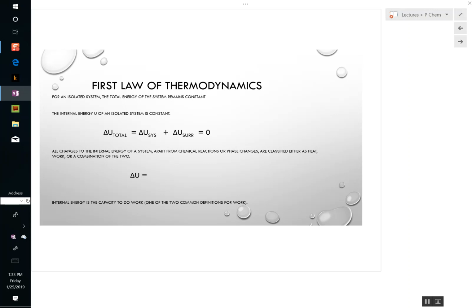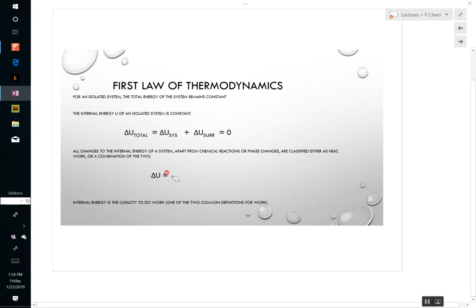All right, and what's kind of interesting here is that we've got this state function, internal energy, but the change in the internal energy is equal to Q plus W, the heat plus the work. So here's a state function.